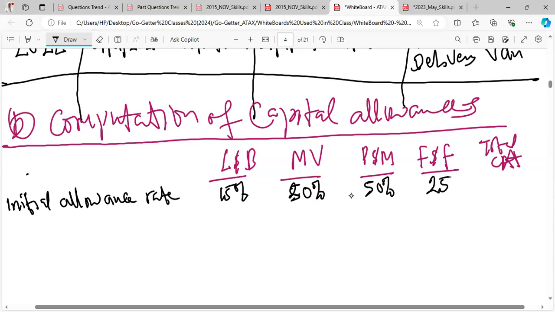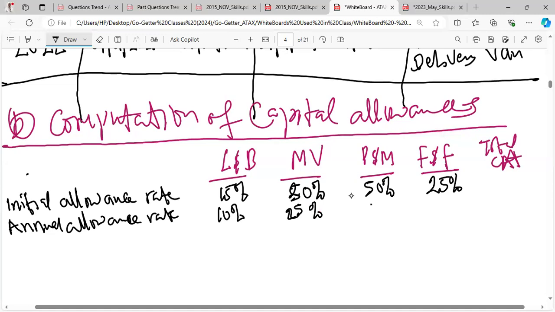Furniture and fittings is 25%. You will be given annual allowance rate. This is going to give 10%. This is going to give me 25%. This is going to give me 25%. And this will be 20%.